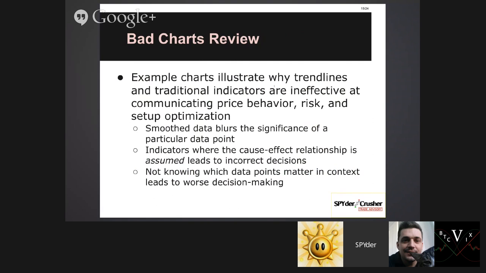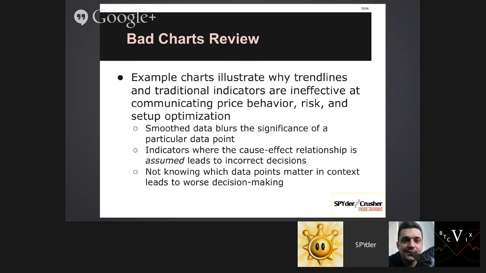Trend lines, traditional indicators, etc., if they help you, that's fantastic. But they are not the most effective tools at communicating price behavior, risk, or setup optimization. Smooth data, stochastics, whatever, they blur the significance of a particular data point. Indicators where the cause-effect relationship is assumed will lead to incorrect decisions, such as, oh, stochastics is low, price must be low too.